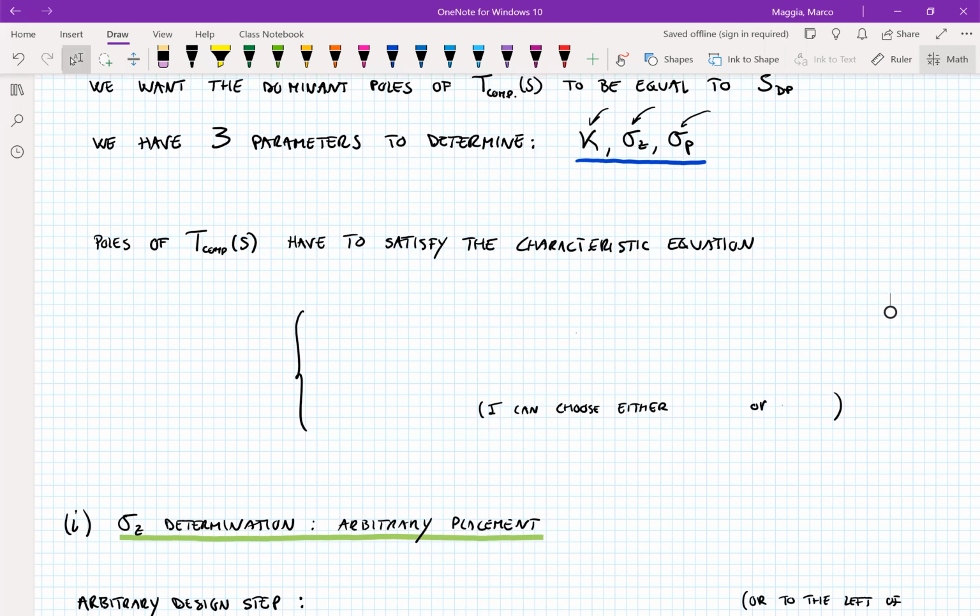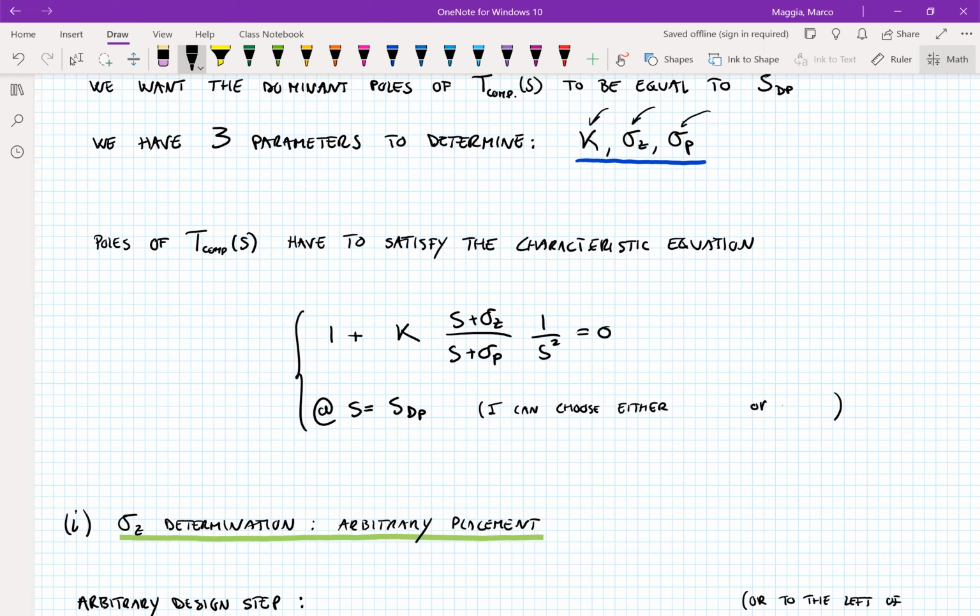In other words, the dominant poles of the compensated transfer function have to satisfy the characteristic equation. So we have to satisfy 1 plus K (s plus sigma Z) over (s plus sigma P) times 1 over s squared equals 0, and this has to be valid at the location for the dominant poles.